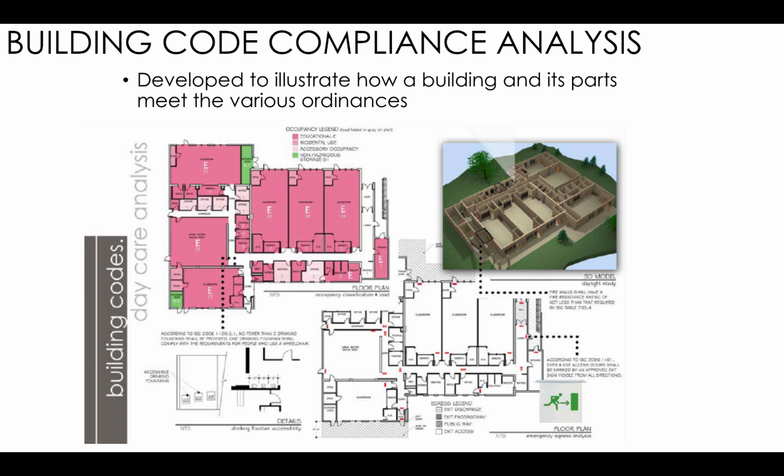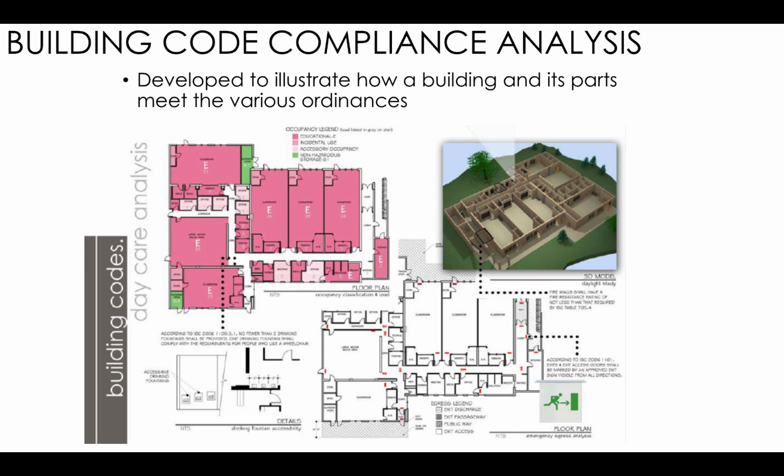There's usually a sheet that talks about code analysis in a construction drawing set. On smaller projects, you might get away with just a partial sheet. These drawings can be quite variable in how they look and what kind of information is in there. In the example here, they have an occupancy plan, which indicates the uses of each of the parts of the building.